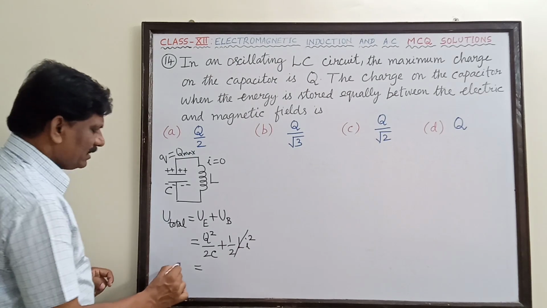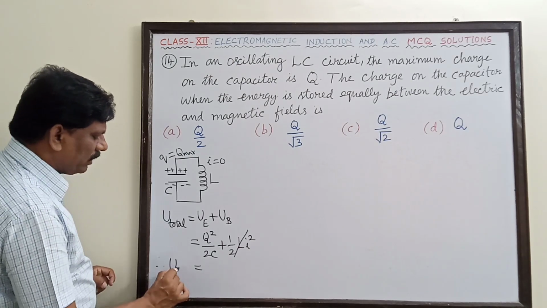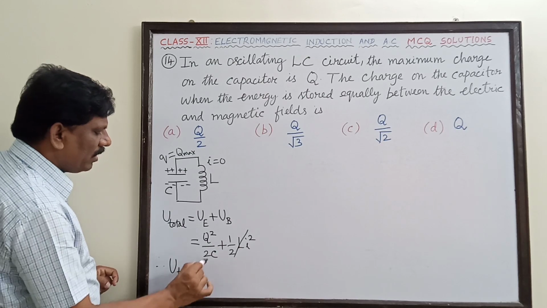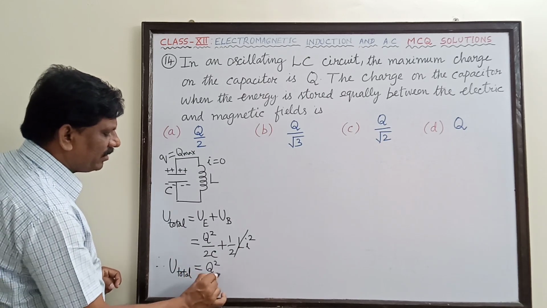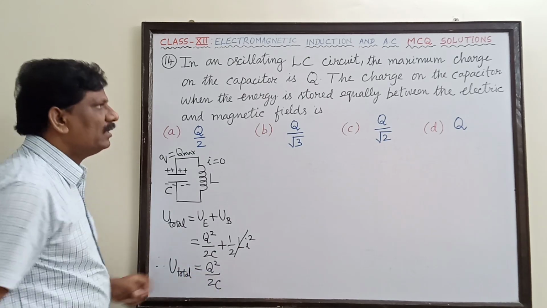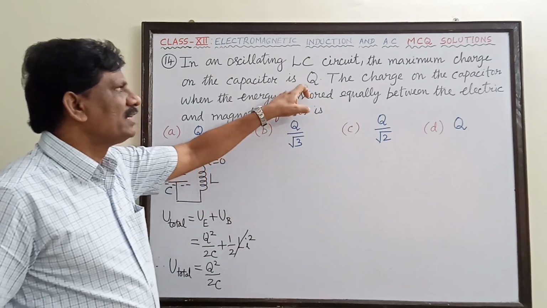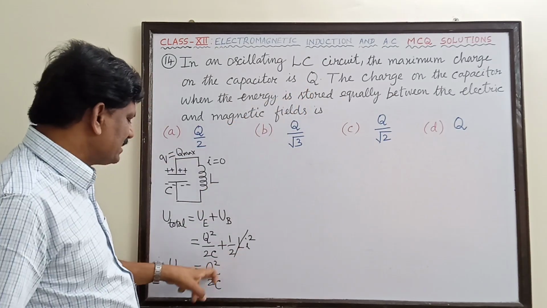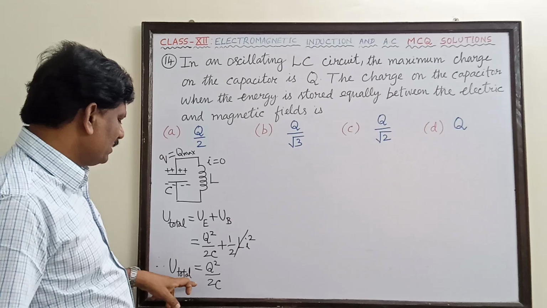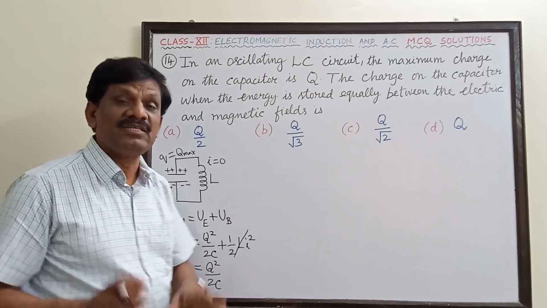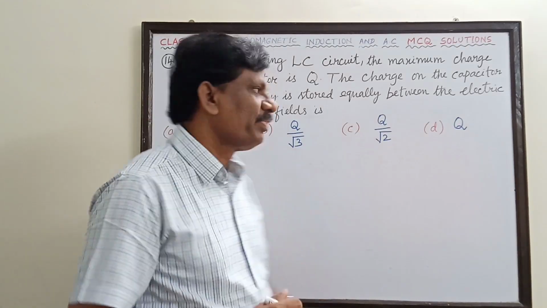Therefore U total is equal to Q square divided by 2C. The maximum charge in the capacitor is expressed as capital Q, so this will be the total energy and it will always be constant.